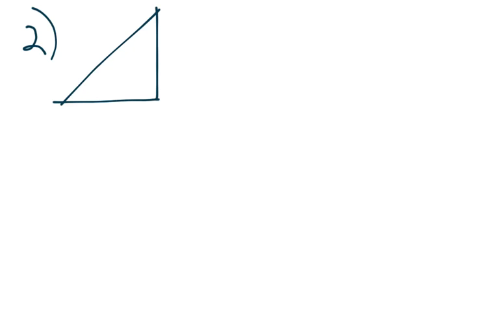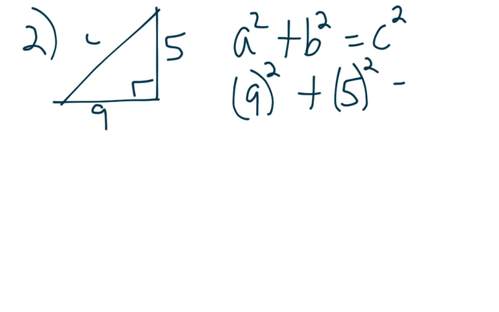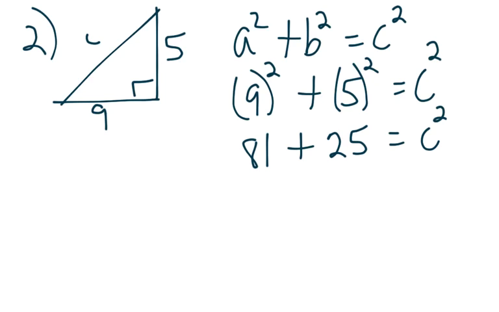If you look at problem number 2, it is very similar, only they turned the triangle the other direction. But what direction the triangle is turned doesn't matter. So we'll do a squared plus b squared equals c squared. A can be 9, b can be 5, but we're still looking for c squared. 9 squared is 81, 5 squared is 25, and that equals c squared.